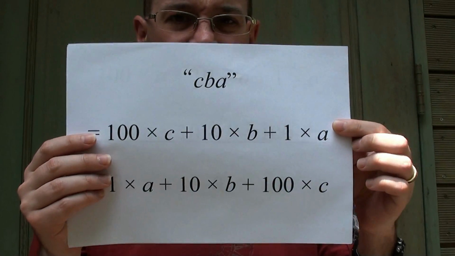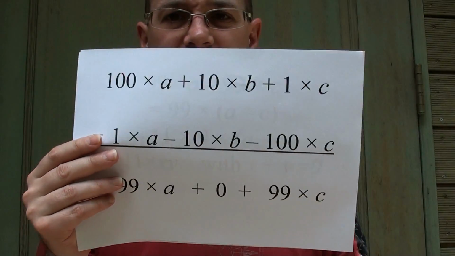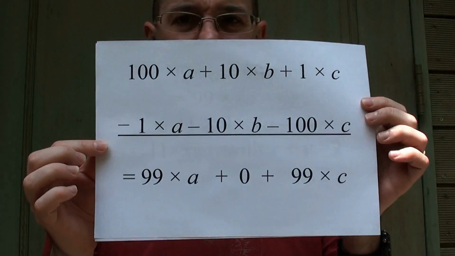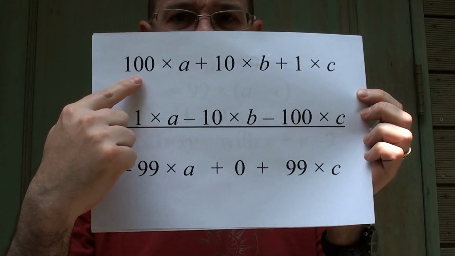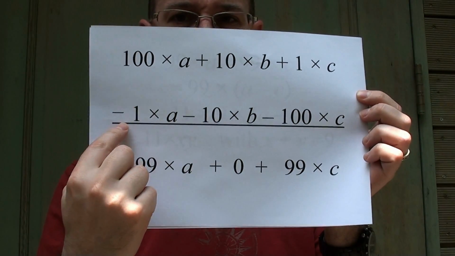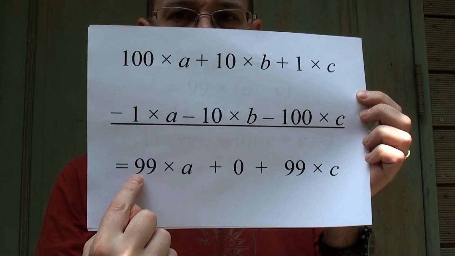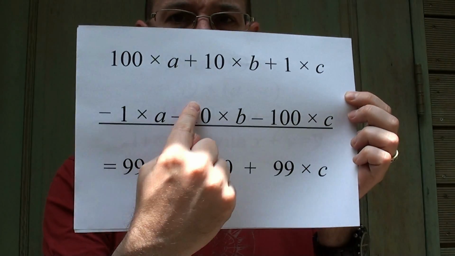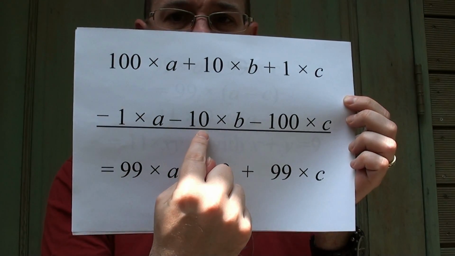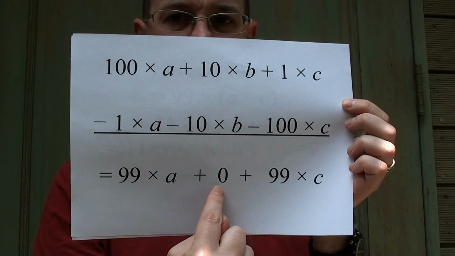What happens if you subtract both? Well, this happens. You have 100 times A minus 1 times A makes 99 times A. 10 B's minus 10 B's makes 0.